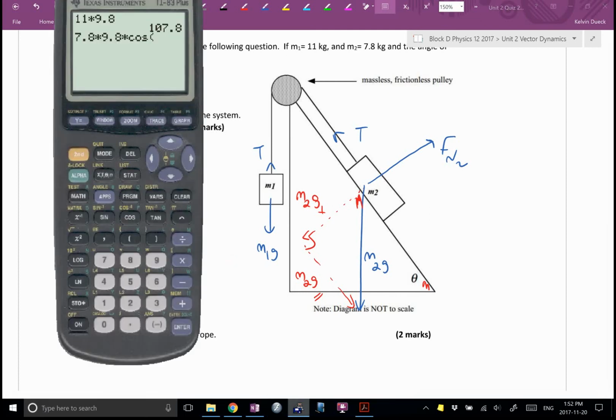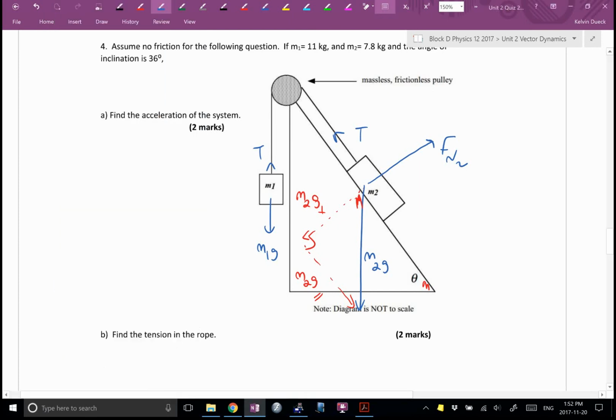Actually, I didn't even need to do that. If there's no friction, and this mass is lighter, there's no way that M2 could be a winner. Friction would have to be involved for M2G parallel to be a winner. And sure enough. So, what's my equation going to look like?